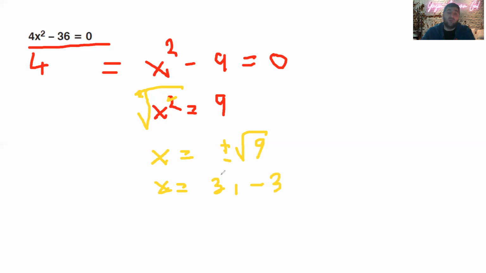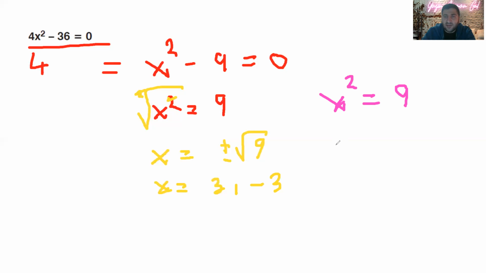Now the reason why we're saying that is this. You see here we said x squared equals 9, and then we said x is either 3 or negative 3. We're just going to try it here.